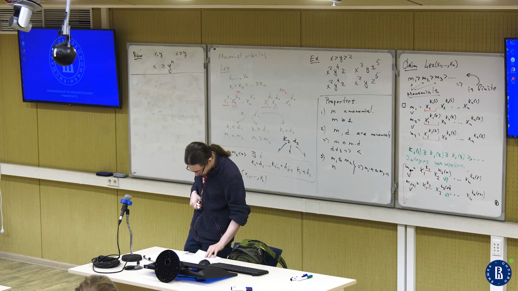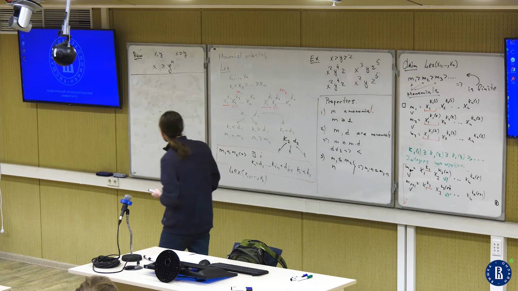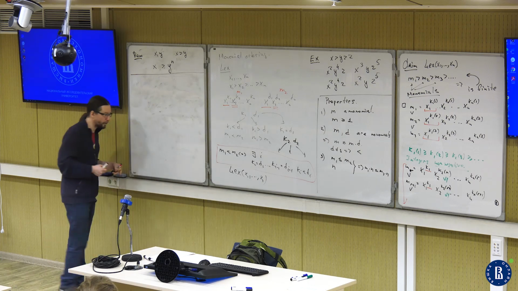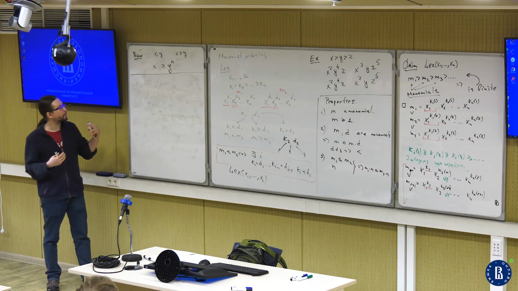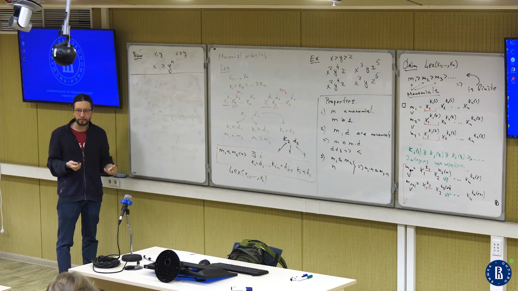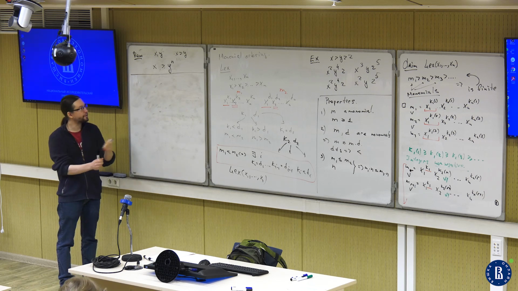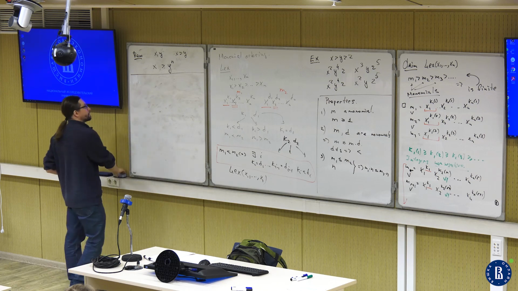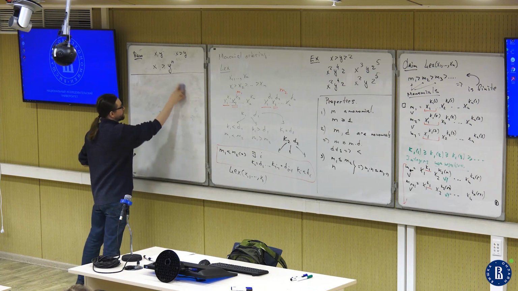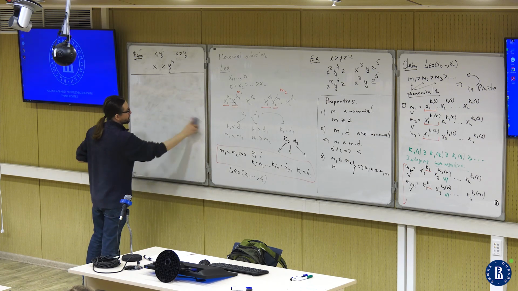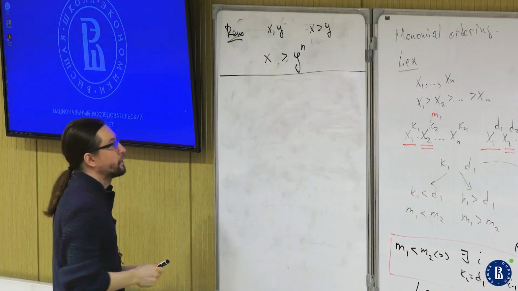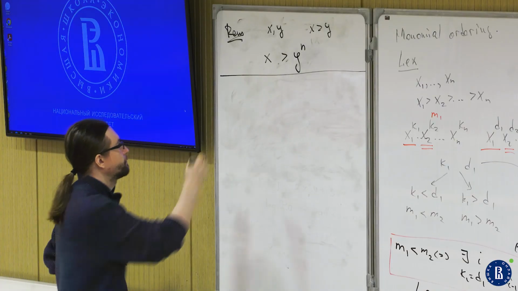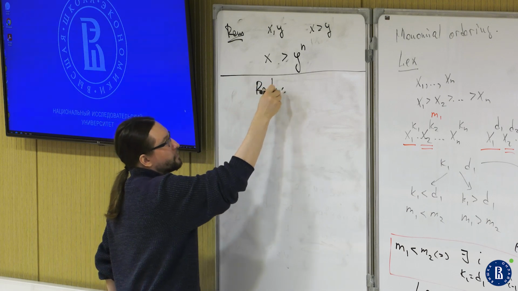Now I want to discuss the reduction procedure. So now, when we know how to find a highest monomial in a polynomial, I want to define the process of reduction. It will be very similar to the process of division in the case of one variable. Reduction.